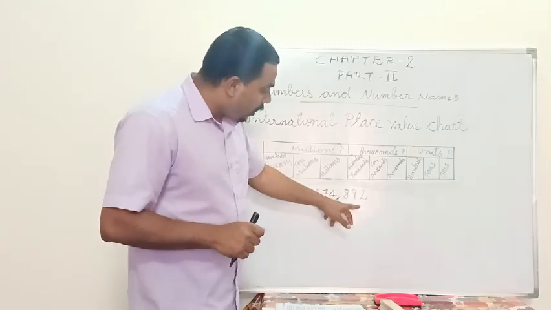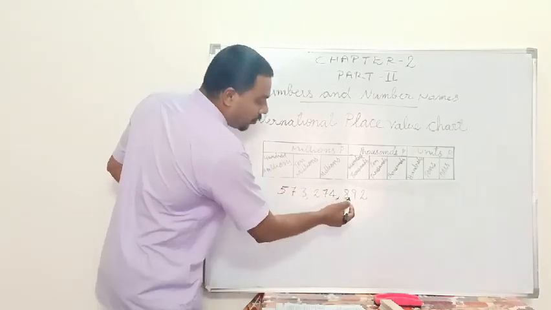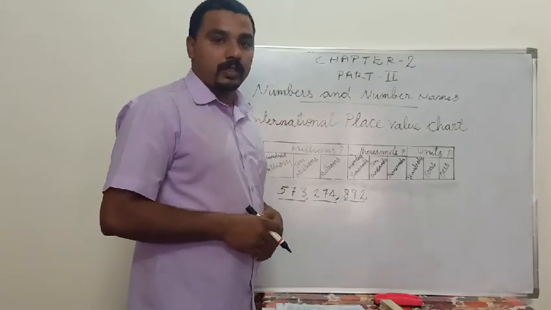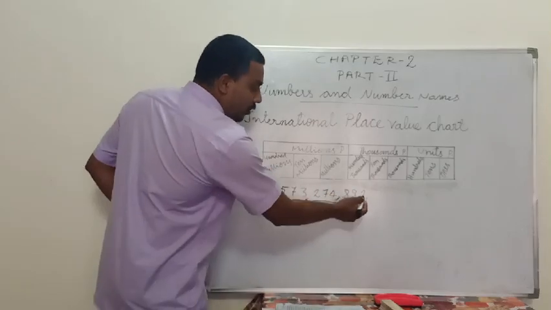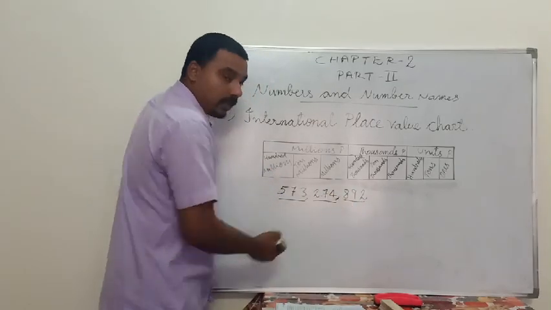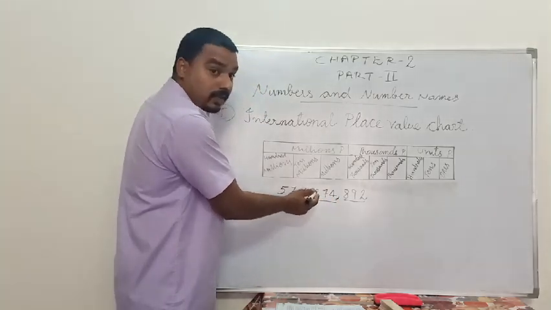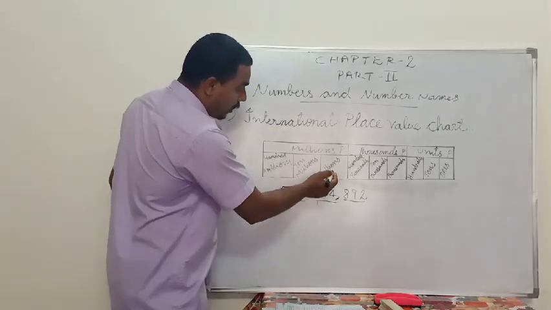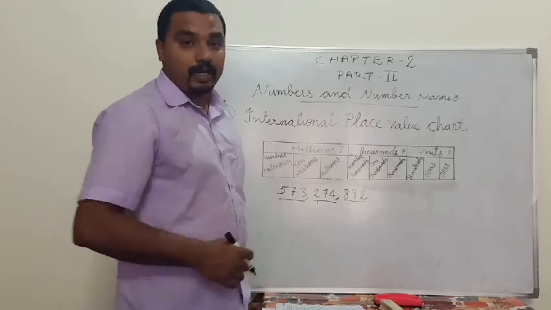I have written one number here. You can see I have divided the number into equal parts of 3 digits. Let us count: ones, tens, hundreds, thousands, 10,000 and 100,000. Instead of 1 lakh it is 100,000. Then millions, 10 millions and 100 millions.